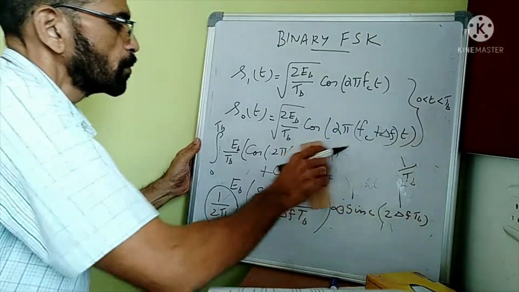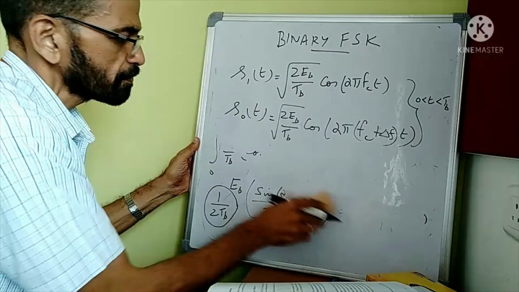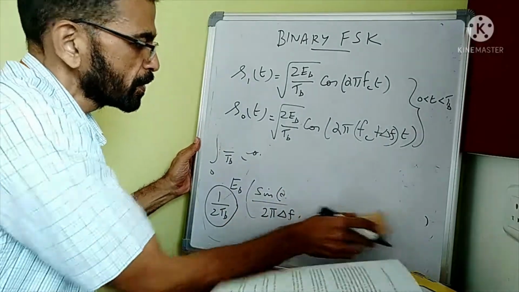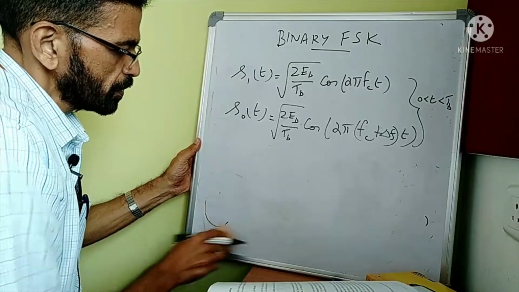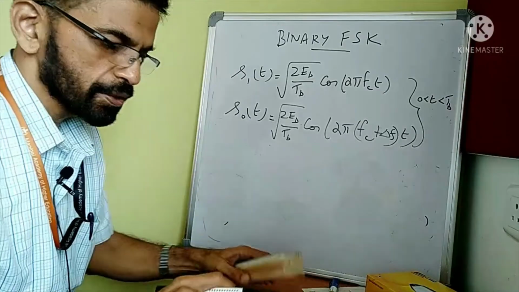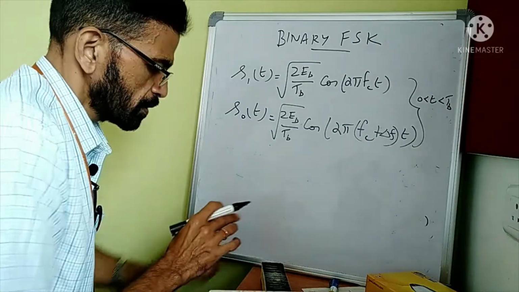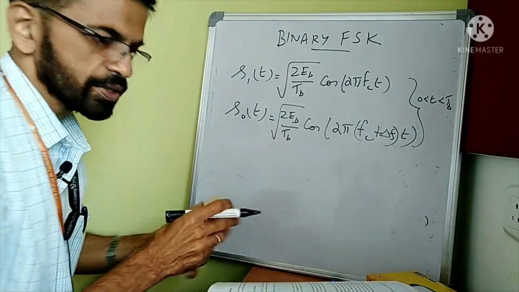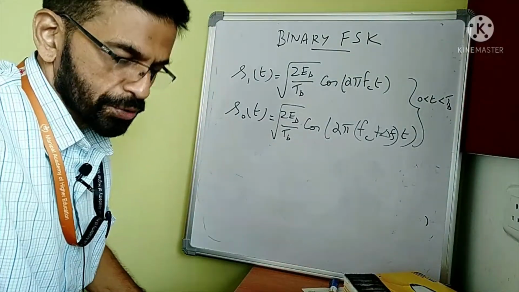Now, having fixed delta f as equal to 1 by TB, we note that we can express these signals in terms of the orthonormal basis.